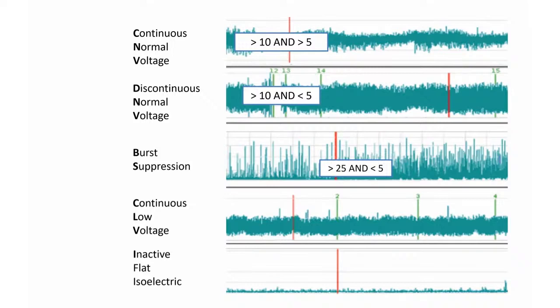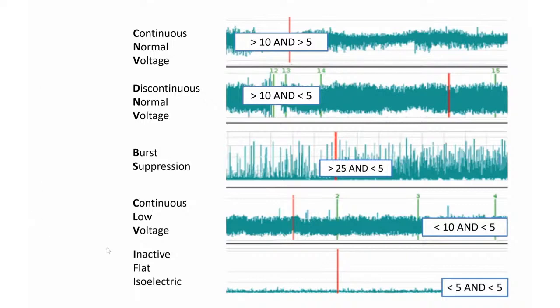So you have burst greater than 25, but then suppression less than 5. Then we have our low voltage, which is that upper margin less than 10, and typically the lower margin being less than 5, unless it's being contaminated. And then we have our inactive or our flat tracings, which are everything is less than 5.